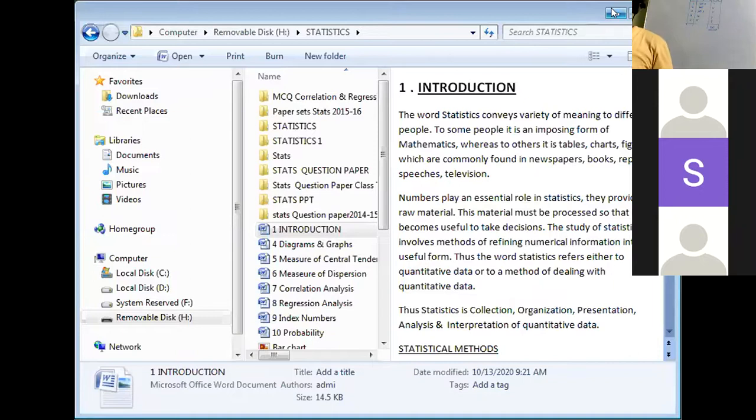Did you note it down? And form this table.